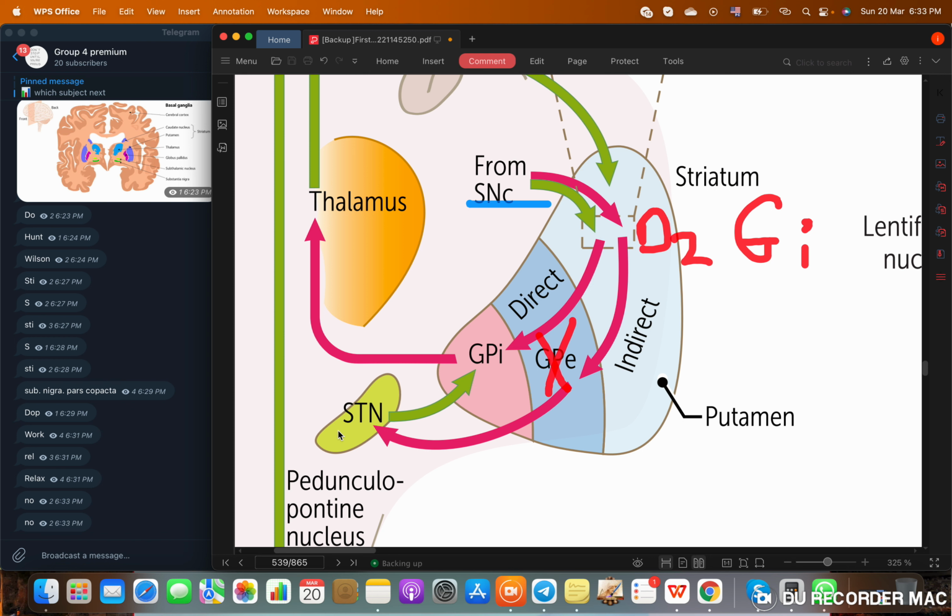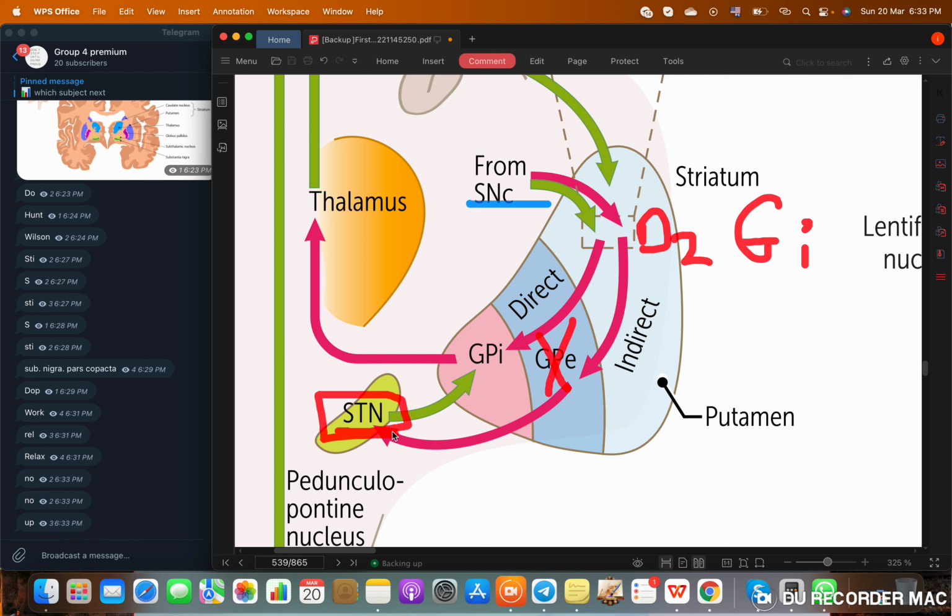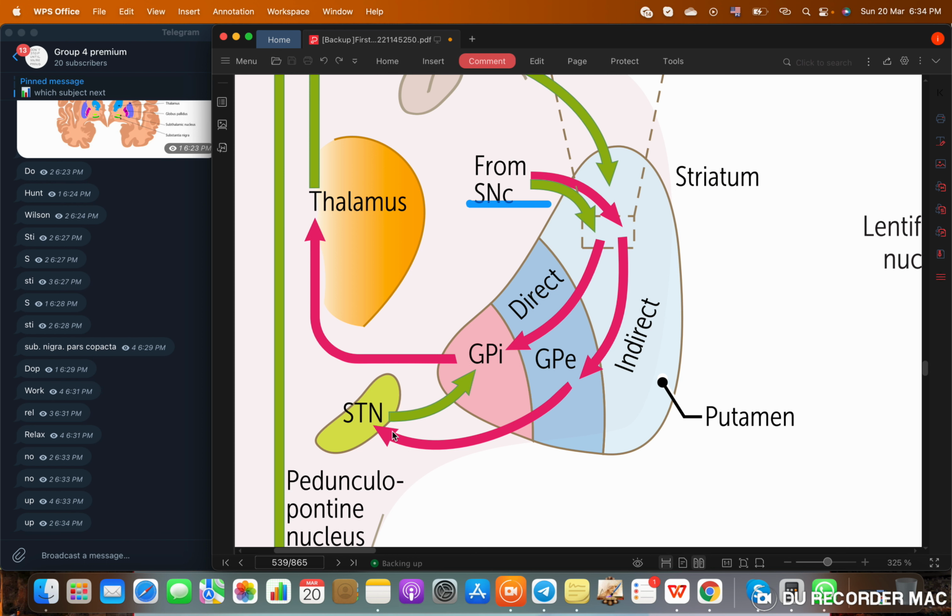If that is true, what will happen to the subthalamic nucleus? Up or down? That's correct, it will be up. If it's up, what will happen to the Globus Pallidus internus? And if the Globus Pallidus internus is up, what will happen to the thalamus?